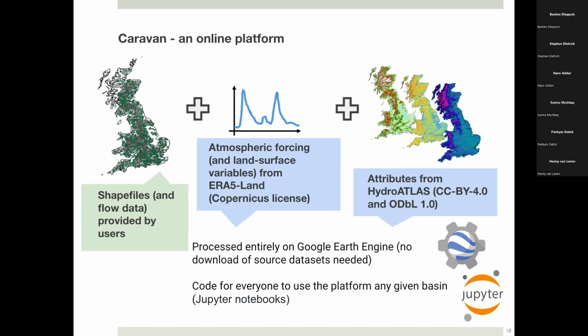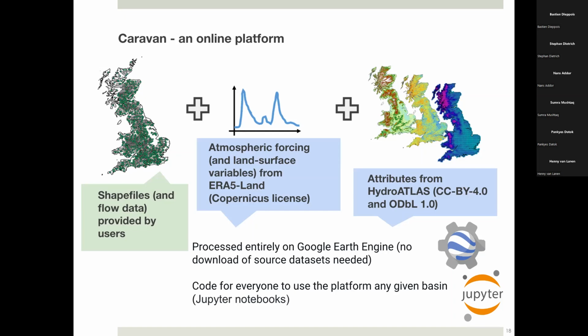And Caravan is based on Google Earth Engine, which means that all the data processing occurs on Google Earth Engine. So for CAMELS-US, for instance, I had to download all the data sources. But in this case, you don't even have to download ERA5-Land, or you don't have to download HydroATLAS. These are all data sets that are available online already, that we clip on the cloud using Google Earth Engine.